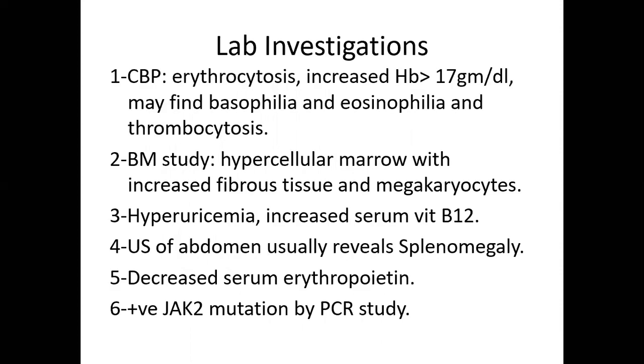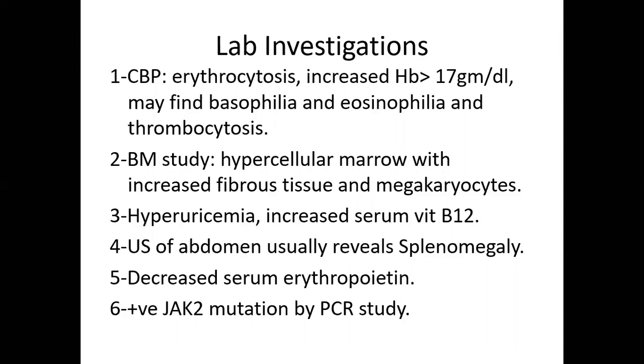The lab investigations will show erythrocytosis. Usually the hemoglobin is more than 17 grams per deciliter. We may find granulocytosis, basophilia, and eosinophilia in some of the patients, and also an increase in the platelet count. The bone marrow study will show a hypercellular marrow and an increase in the fibrous tissue and the number of megakaryocytes.